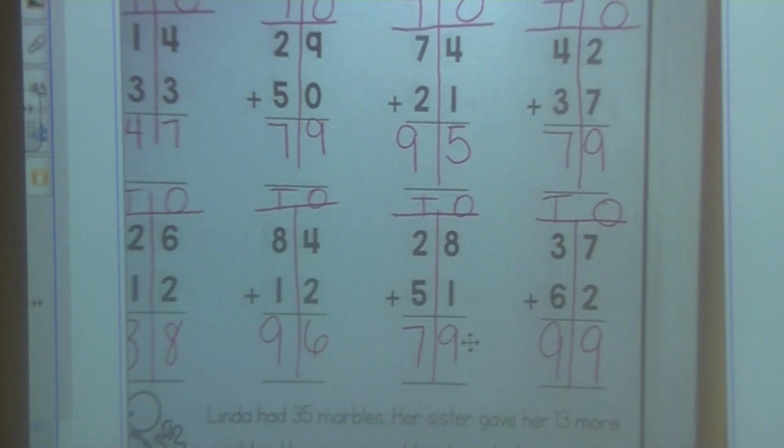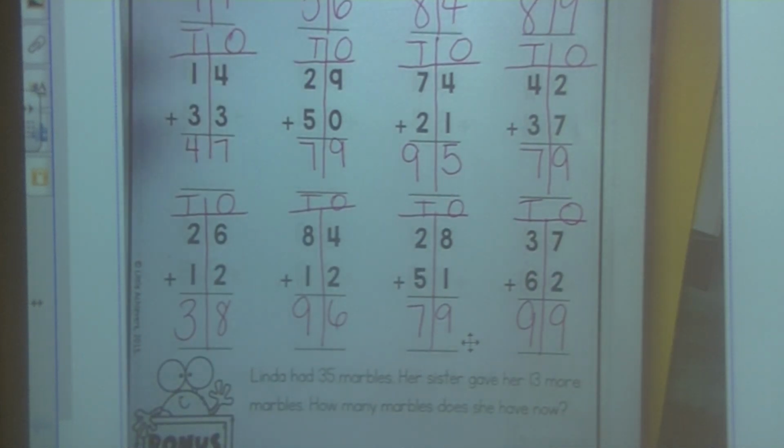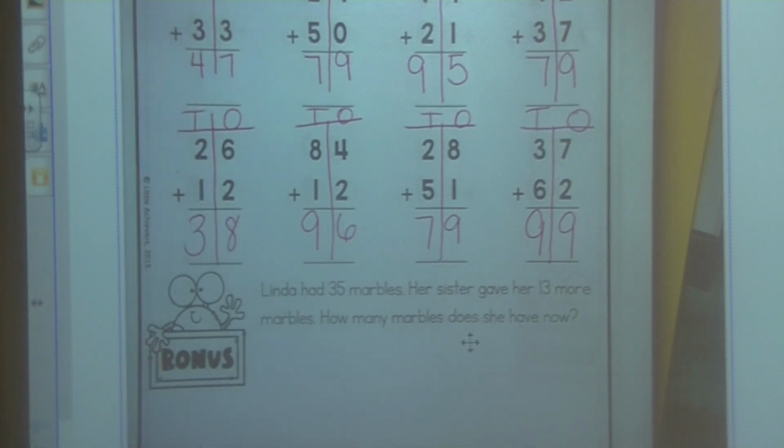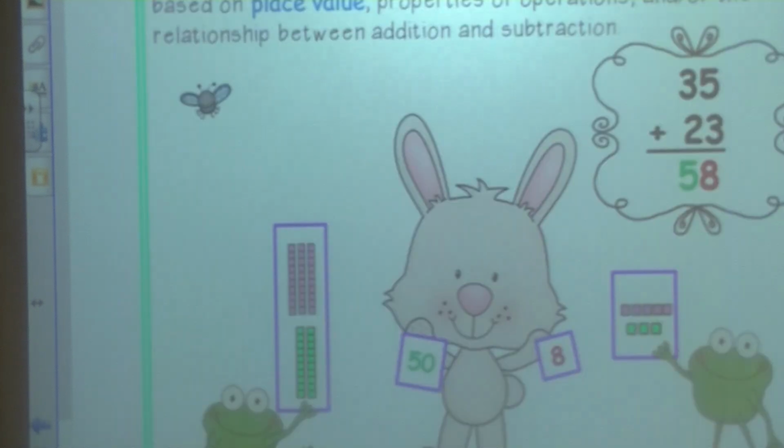Alright, now let's look at the word problem at the bottom. It says bonus, but I want us to try it. Alright, I'm going to come back up to the board to do this one.